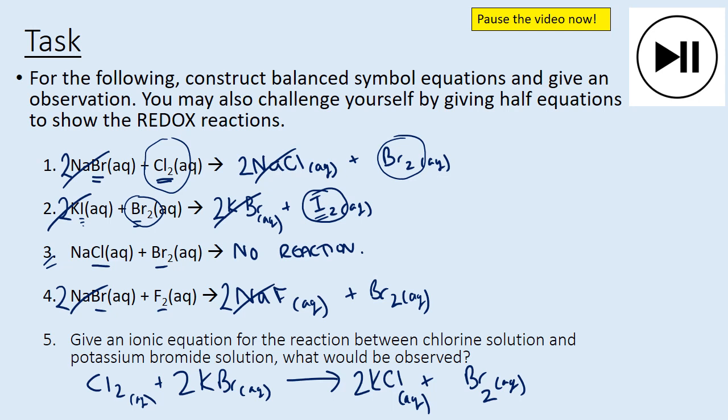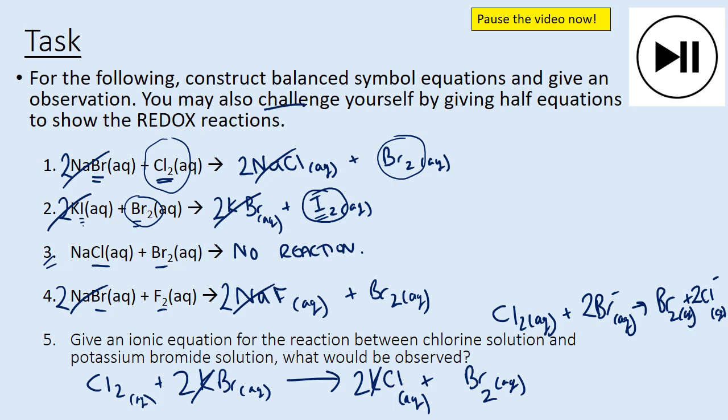And if you were to go through your procedure, you will find that the potassium ions are spectator ions in both cases, and in which case the ionic equation comes out as Cl2 aqueous plus 2Br minus aqueous becomes Br2 aqueous plus 2Cl minus aqueous.